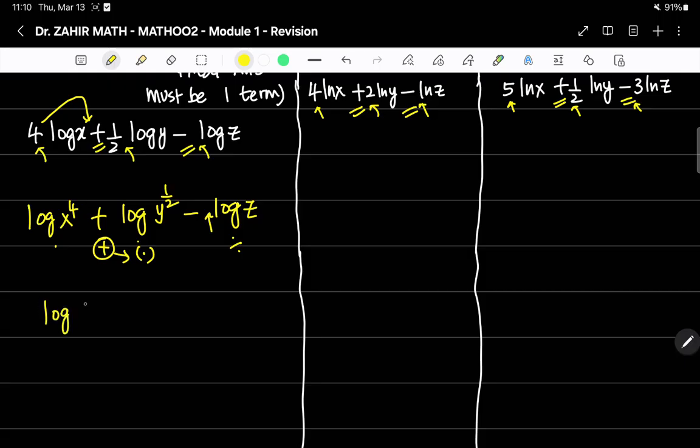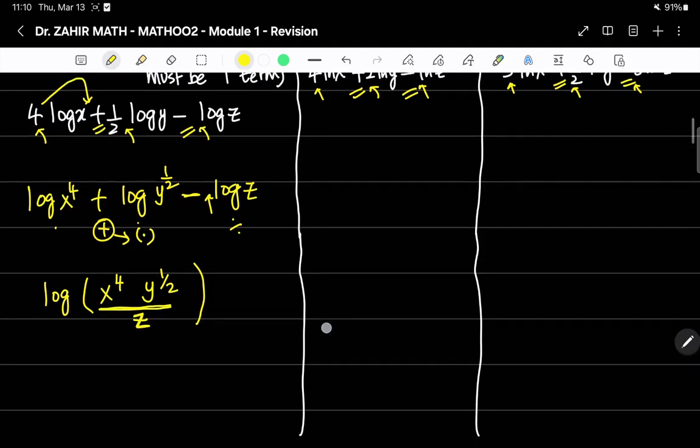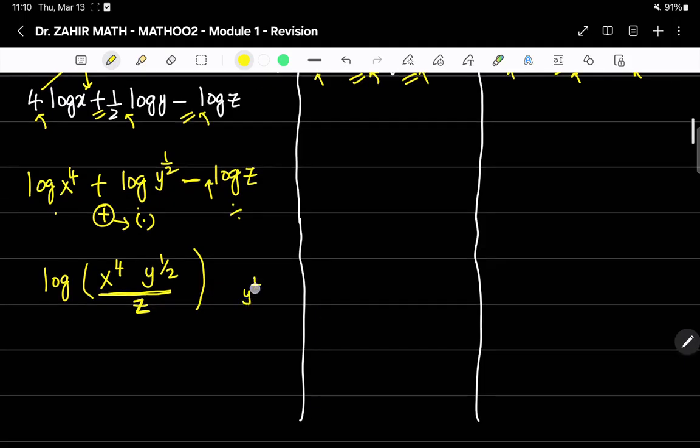So log of x power 4 y power half divided by z. Y power half is the square root of y, so this equals log of x power 4 square root of y divided by z. Clear everybody?